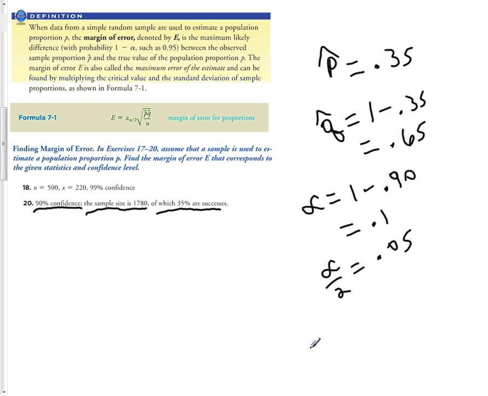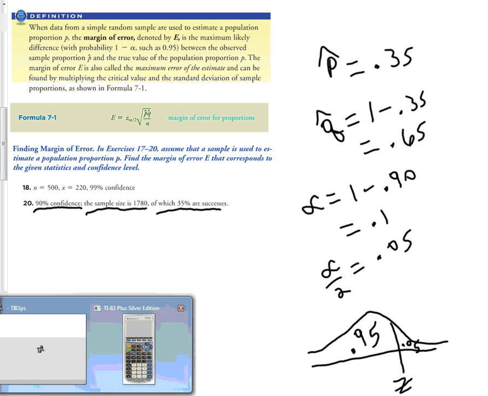So now I need to find the z-score that separates an area in the right tail of the normal distribution of 0.05. So I'm looking for this z-score right here that has 0.05 up here. Well, if it has 0.05 up here, I actually need to know what's on the left of it, right? On the left of it, if 0.05 is above, I have 0.95 to the left below.